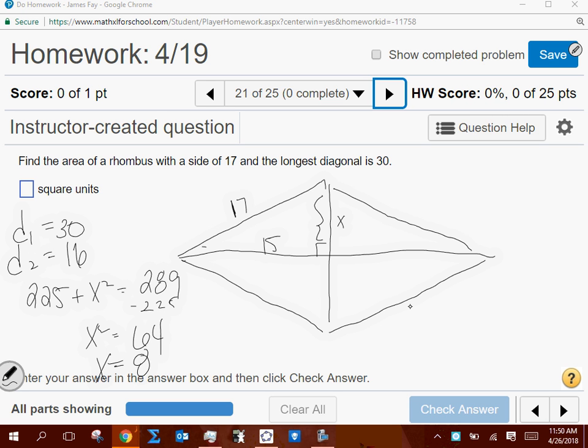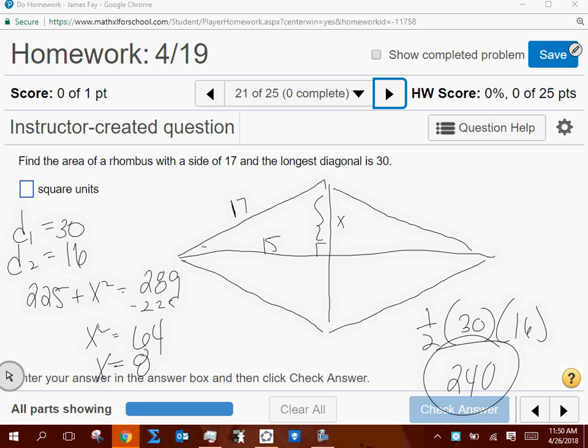So then we go 1/2 d1 d2. What's easier, 15 times 16 in your head, or 30 times 8? 30 times 8, because you can do 3 times 8, which is 24, and then tack on the 0, so it should be 240.